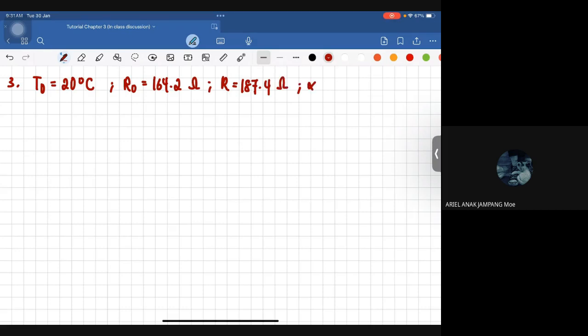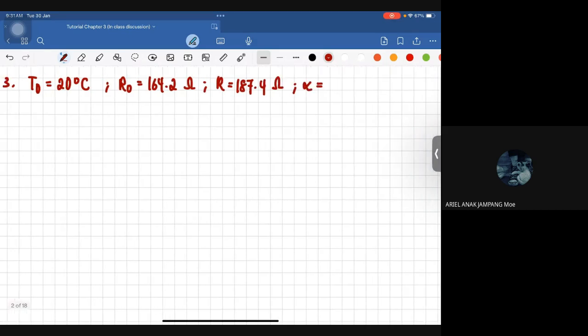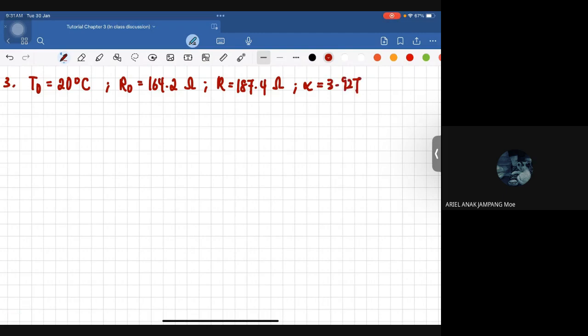And then it gives alpha, the temperature coefficient of resistivity, 3.927 times 10 negative 3 per degree Celsius. So we apply this formula R equal to R naught 1 plus alpha T minus T naught.